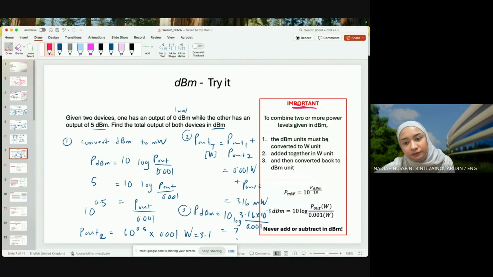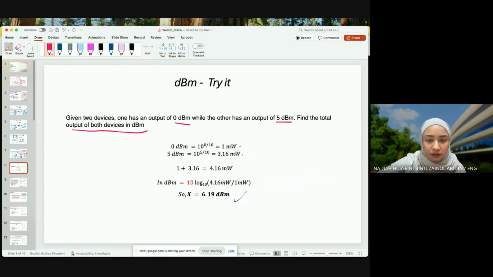You have to convert them to watt unit, add them together in watt unit, and then convert back to dBm. To combine two values in dBm, convert to watt, add them in watt, convert back to dBm.